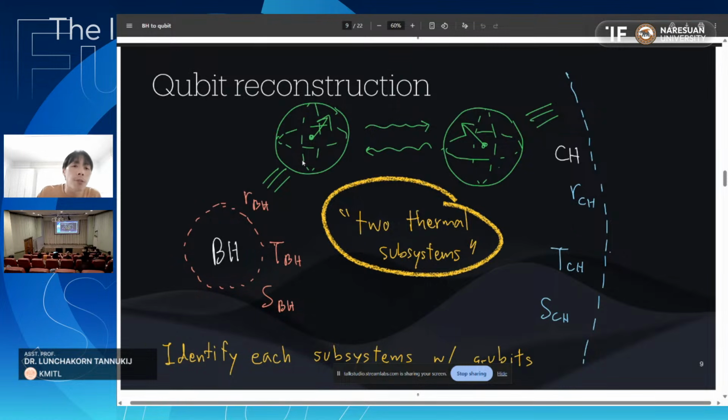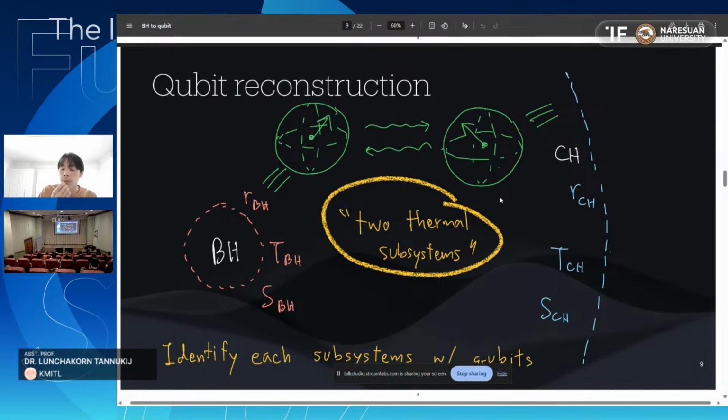I'm going to try to find the qubit which has the same entropy. Then I'm going to find the other qubit which shares the same entropy as the cosmological horizon subsystem. That's what I'm going to do, and see if there is any possible correlation between the qubits.